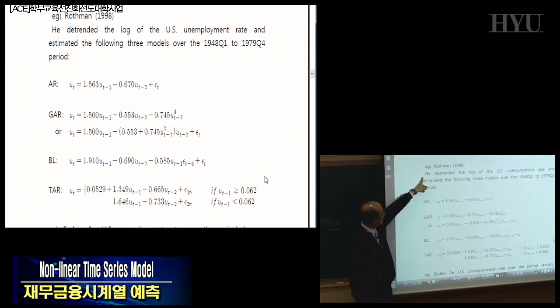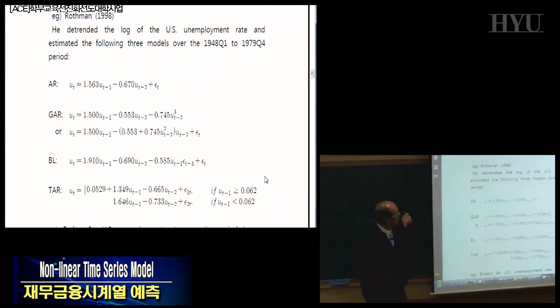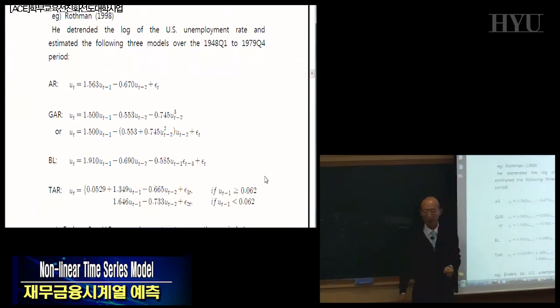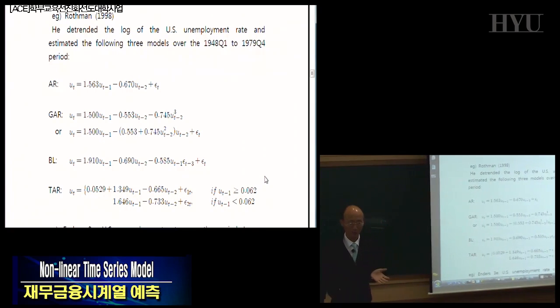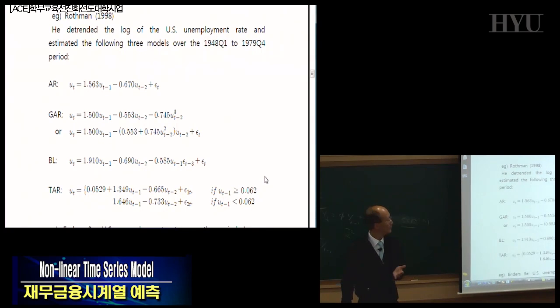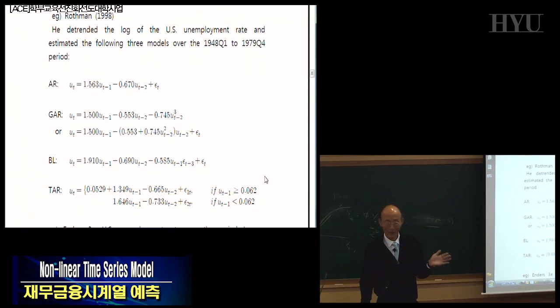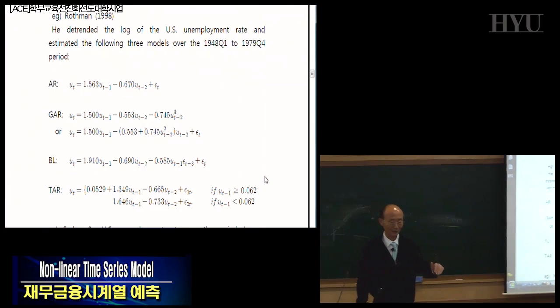So what he did was to first detrend the log unemployment rate. We know there are many different ways of detrending a non-stationary time series. The simplest is taking differences or log differences, or applying the Hodrick-Prescott filter and removing the trend.